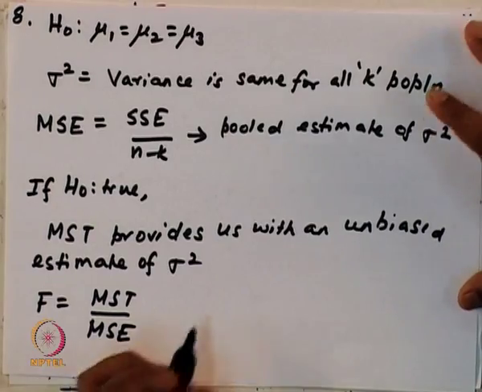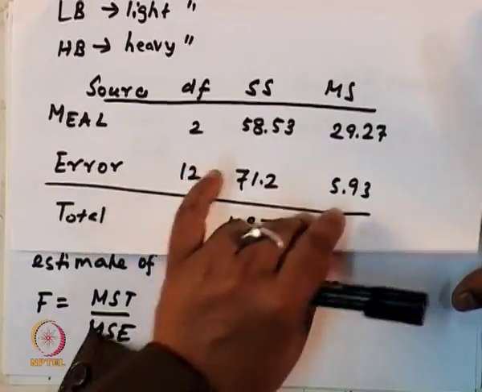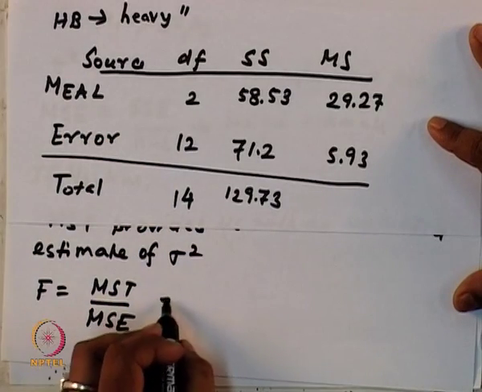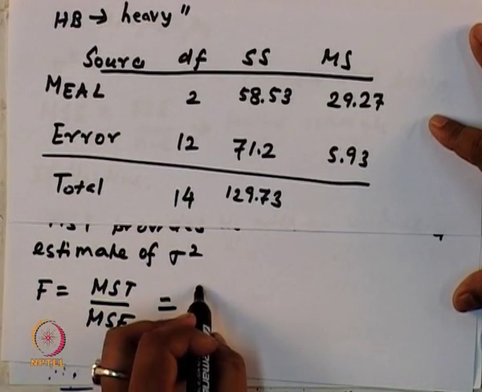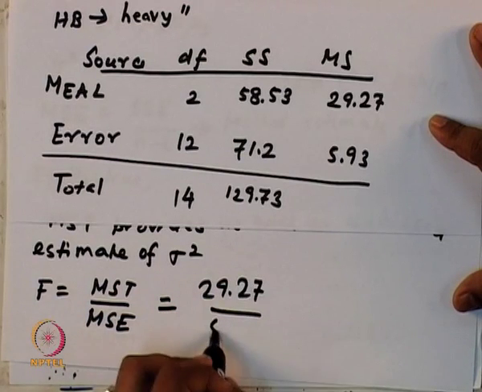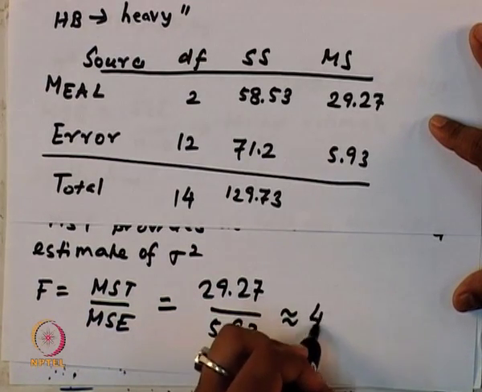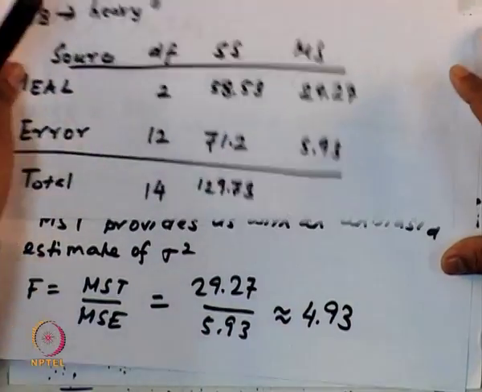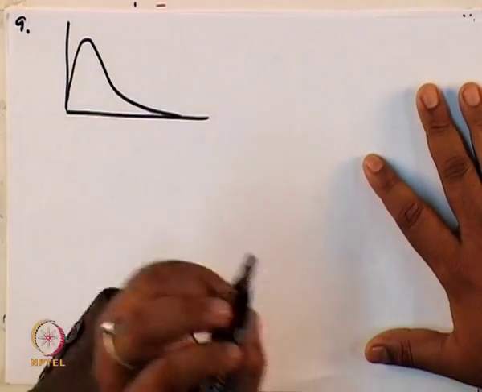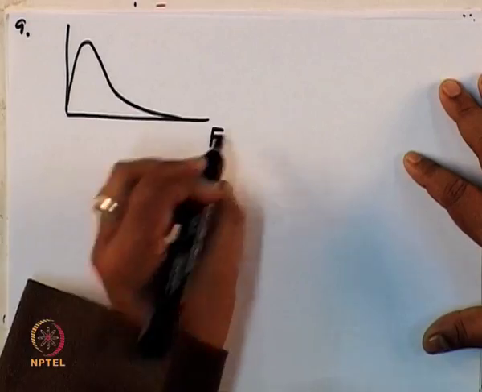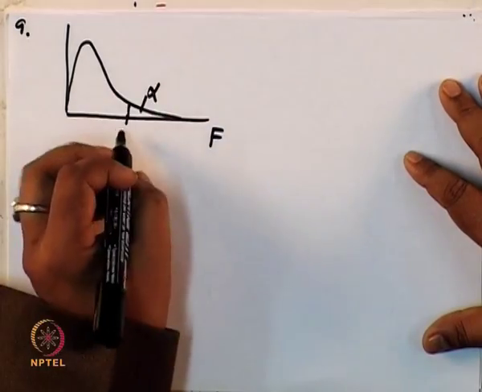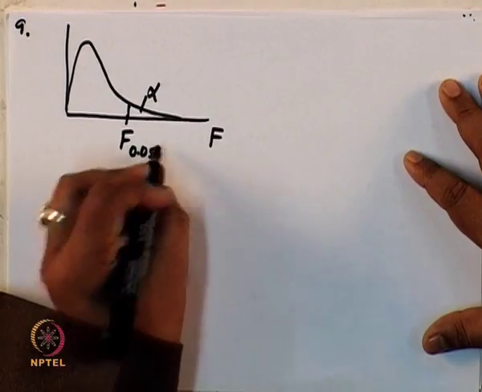So, in our case, for this example that we did, we can calculate the F value, which is 29.27 by 5.93, and it comes out to be 4.93. So, for this case F turns out to be 4.93. You can ask from the F curve, what is F 0.05.